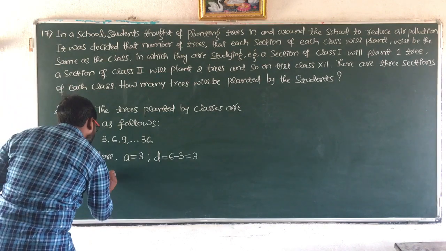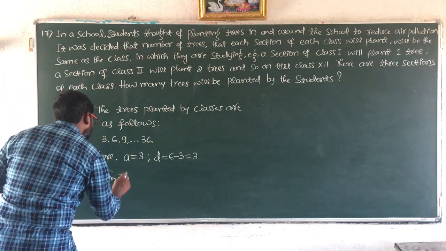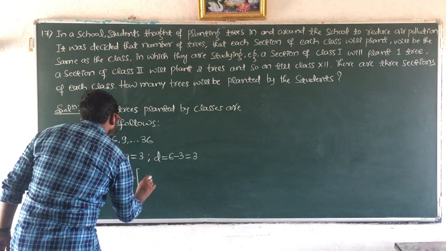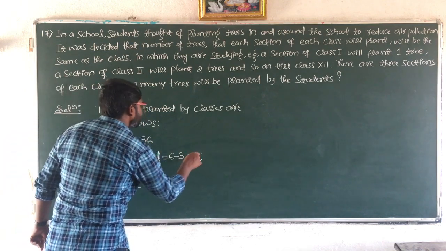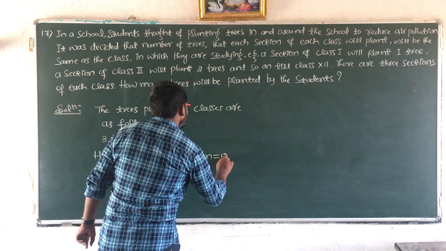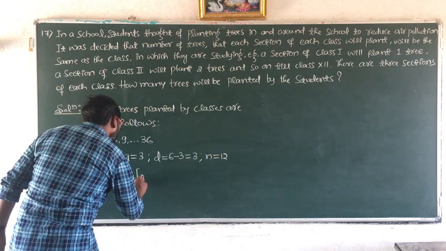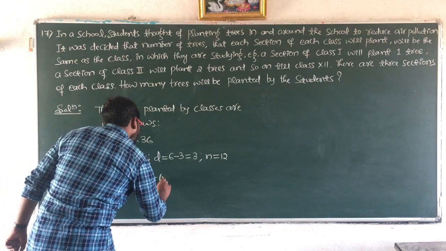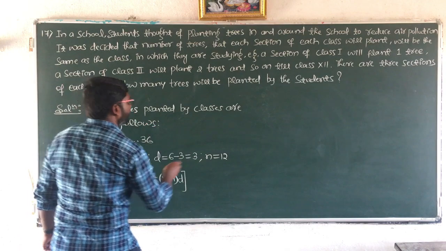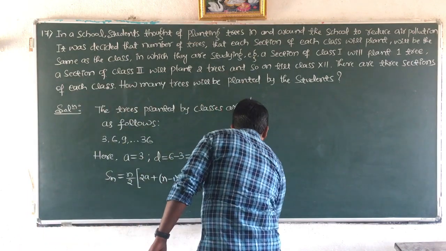Now I will go for Sn. See here. So now Sn which is equal to n by 2, and the value of n is 12 here. n which is equal to 12. So now n by 2 into 2a plus n minus 1 into d. So now let us simplify this.